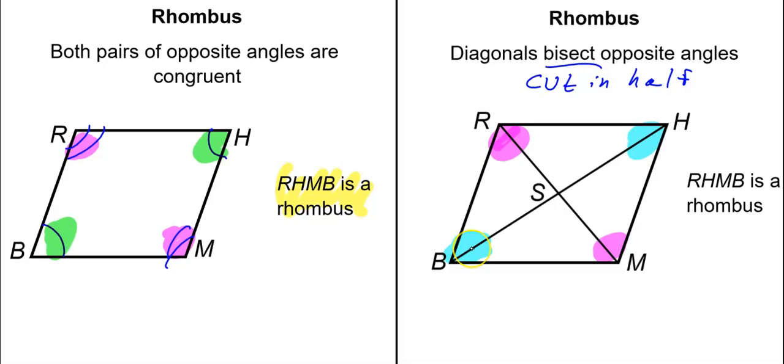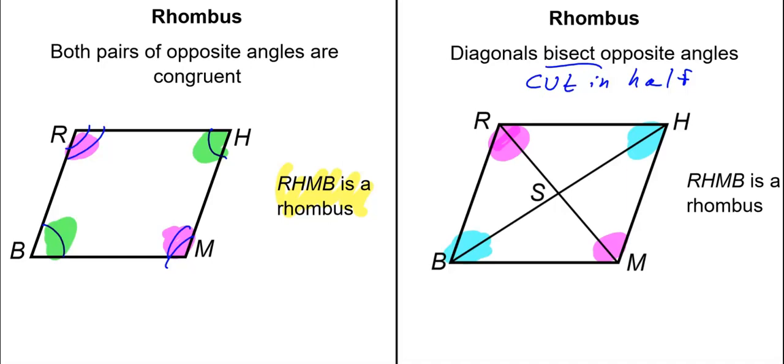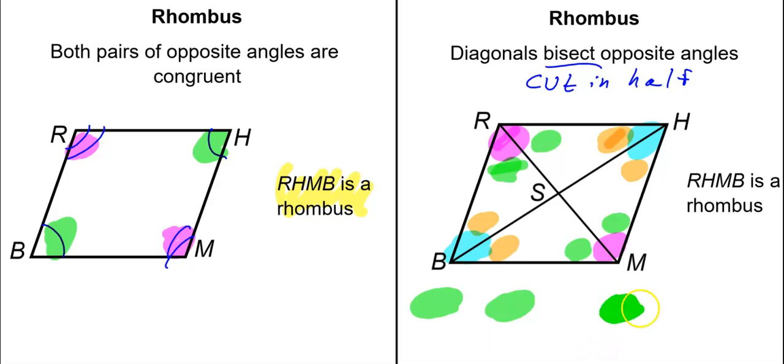So what I'm telling you is the purple angle got cut into 2 equal parts. So all these green pieces are going to be the same. The blue angle got cut into 2 equal parts. So I know 1 green equals all the greens. And if I add the greens together, I'm going to get a purple.